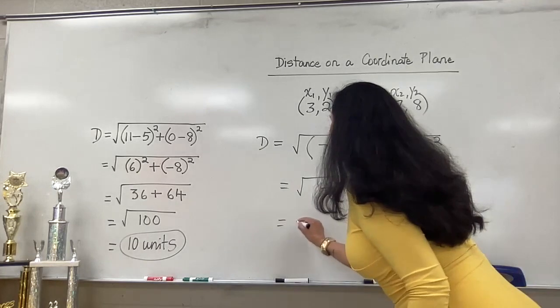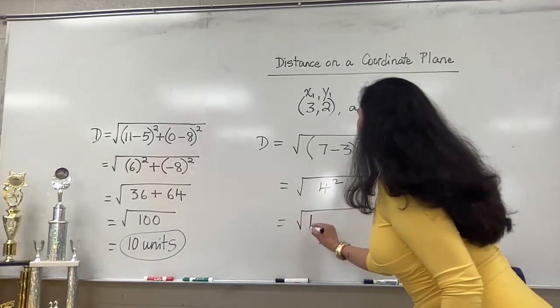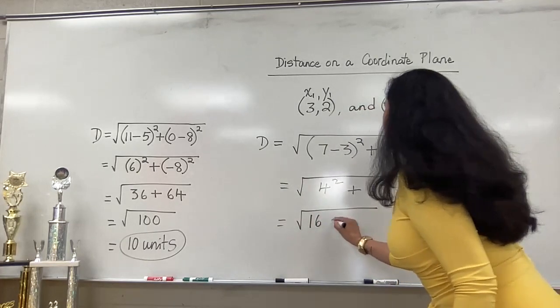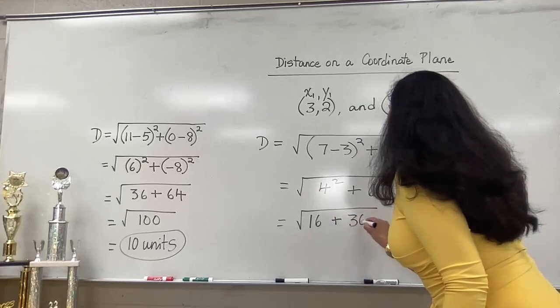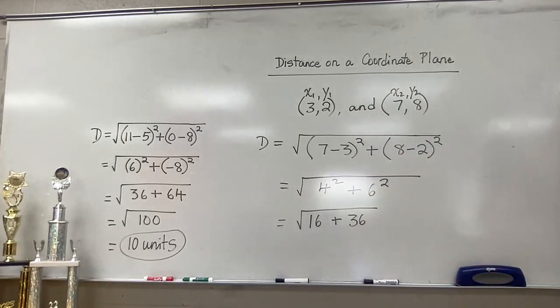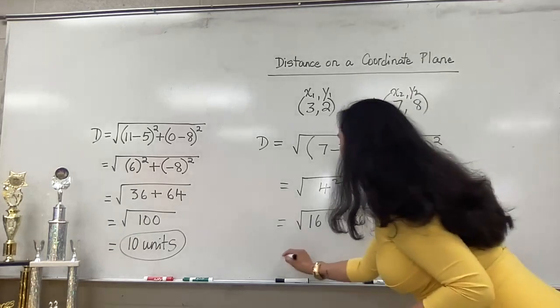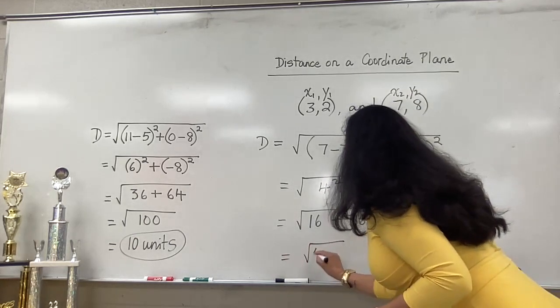That gives me 4 times 4 is 16, plus 6 times 6 is 36. So if I do 16 plus 36, I'm going to end up with the square root of 52.